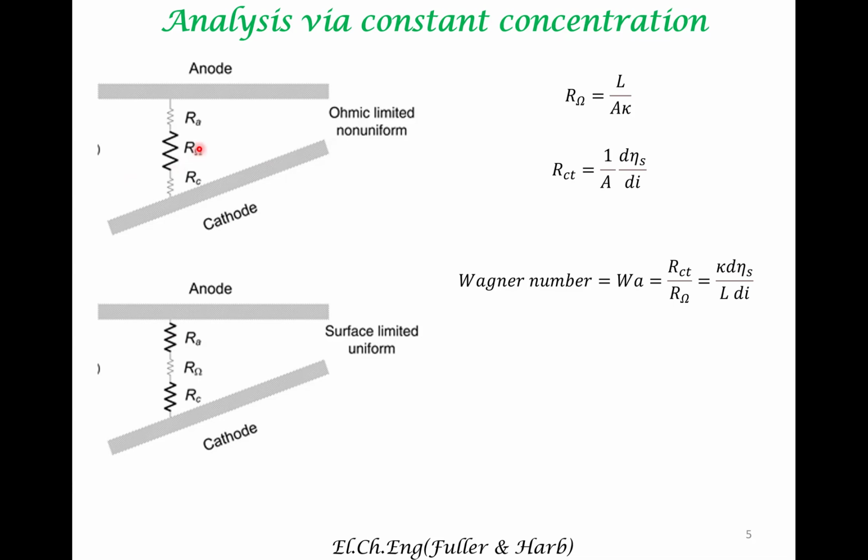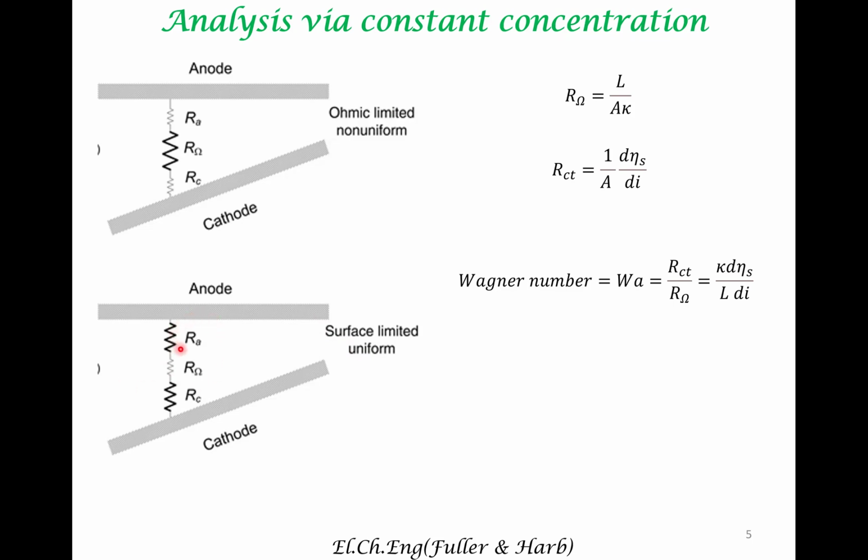Therefore, the potential drop associated with the ohmic drop is also different. Therefore, the electrodeposition characteristic across the cathode will also differ. In this case, because of the non-uniformity in ohmic drop across the electrochemical cell, you would also have non-uniform electrodeposition. Whereas in this case, even though R omega is different in different parts of the electrochemical cell, R omega is not the dominating factor.